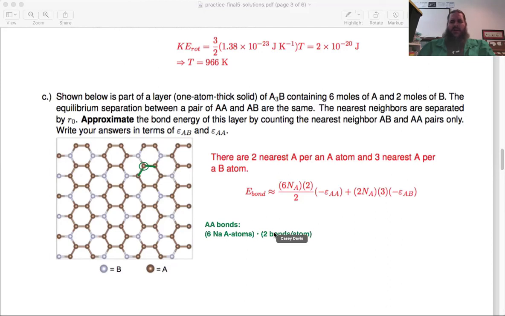And now we need to check, are we double counting? If we take a look at another type A atom nearby, let's say this type A atom, we can also say it has 2 nearest neighbors that are type A, this one and this one. Have we counted a bond twice? Yeah, so that means we are going to need to divide by 2.